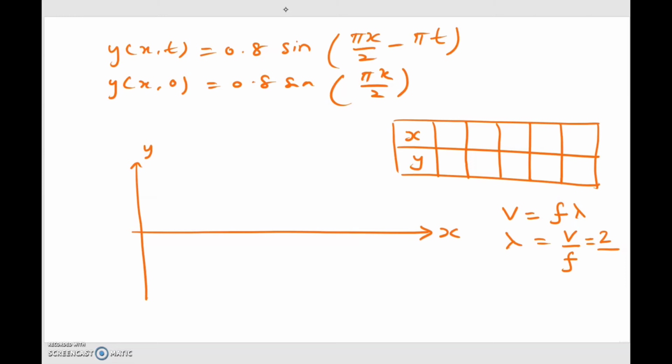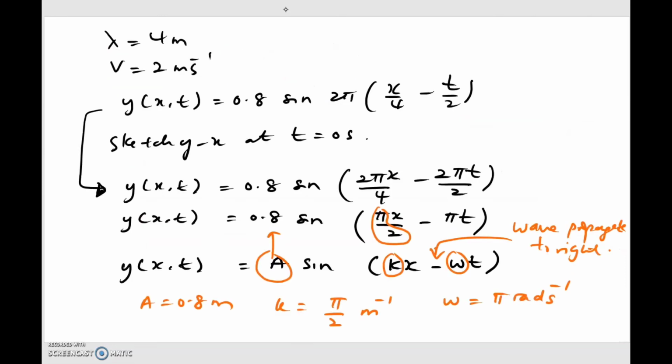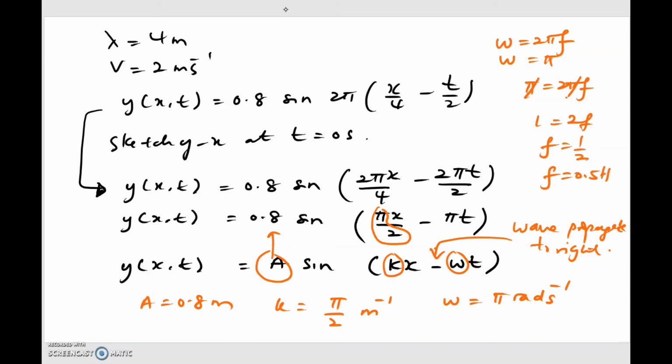We can find f from omega, where omega is equal to 2 pi f, and omega here is equal to pi. So pi is equal to 2 pi f, so we have 1 is equal to 2f. So f equals 1 over 2, so f equals 0.5 hertz.